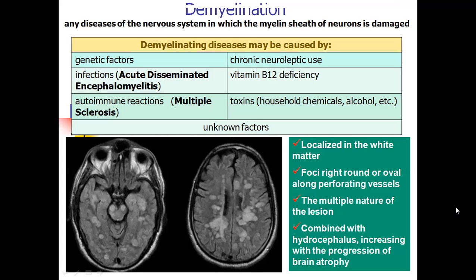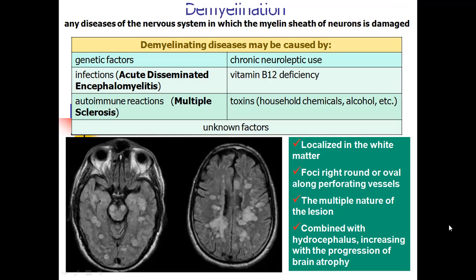It also may be a result of chronic neuroleptic use, vitamin B12 deficit, and the influence of toxins, household chemicals, alcohol, and so on. In some cases, unknown factors lead to demyelination, and we can't say why this pathology happened.